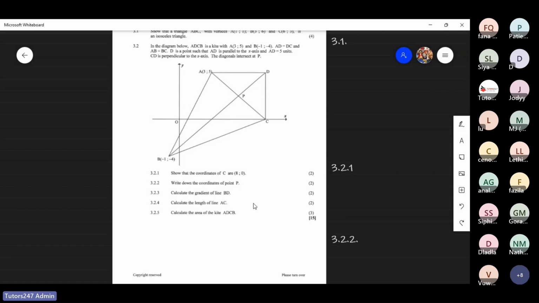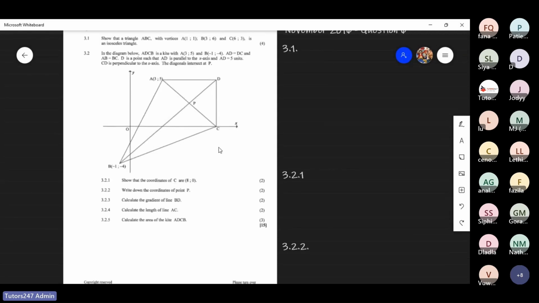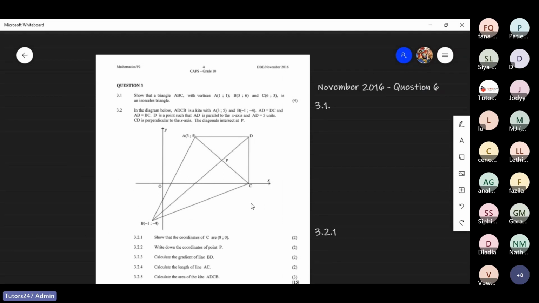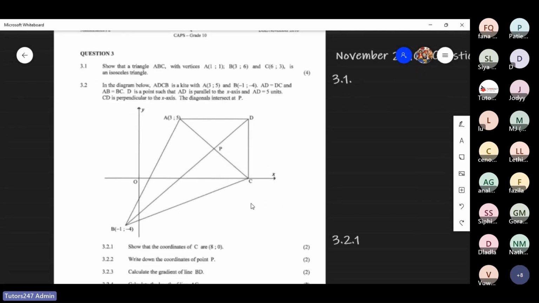I would recommend understanding all those properties of a particular shape. It can help you when you're dealing with exam level questions. If you look at this shape here, this is a kite. So we would need to know our properties of a kite in order to be able to successfully answer this type of question.